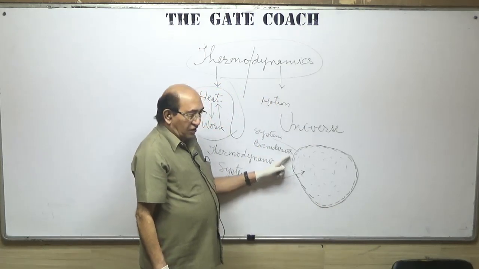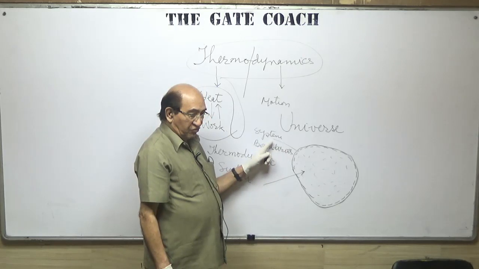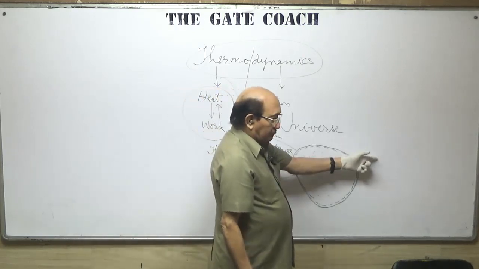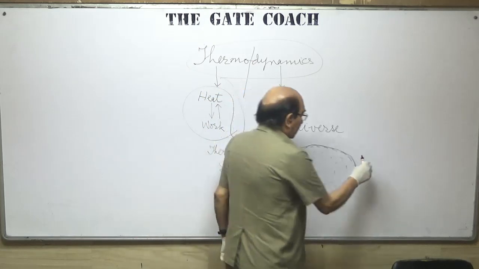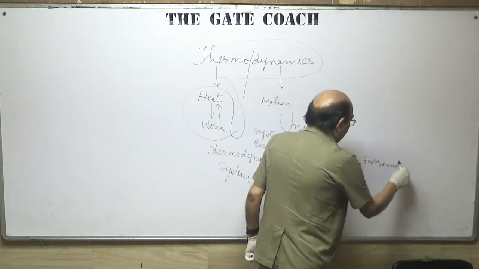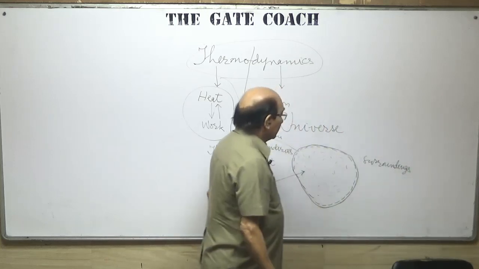So these dotted lines are nothing but representing the system boundaries. And everything external to the system should be called the surroundings for the system.